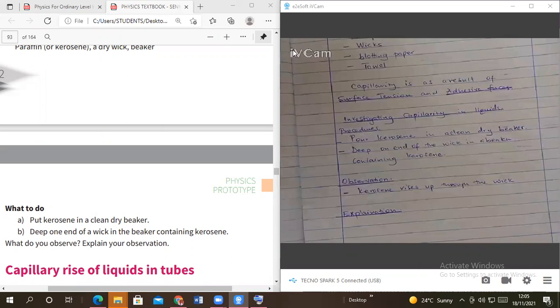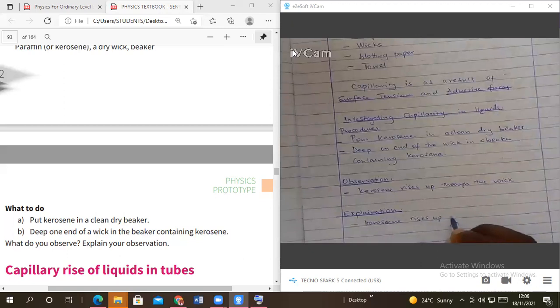Kerosene rises up due to capillarity. So is that enough? Kerosene rises up due to capillarity. Is that all?